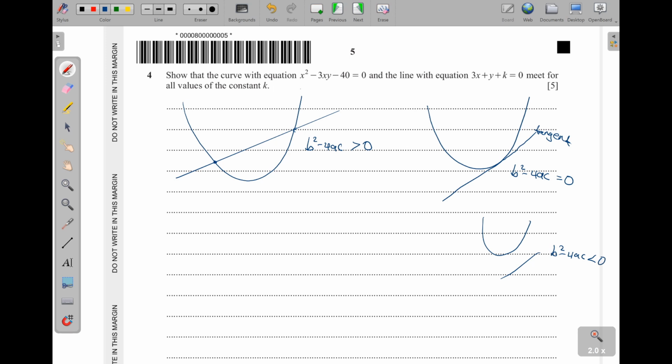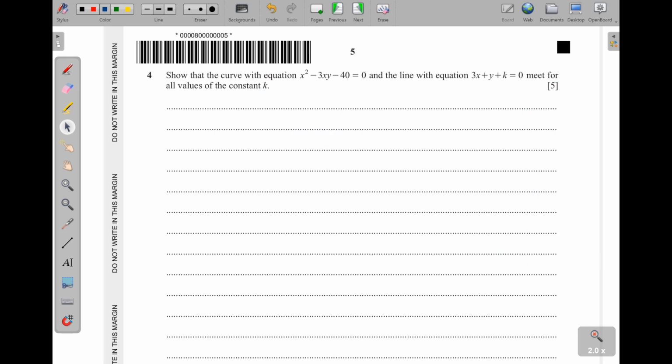Now, if they say that the line with this equation and the curve meet for all values of k, that means we have to merge these two. They either meet at 1 point or at 2 distinct points. Okay, now for intersection, I will begin by saying for intersection because I'm solving them simultaneously.